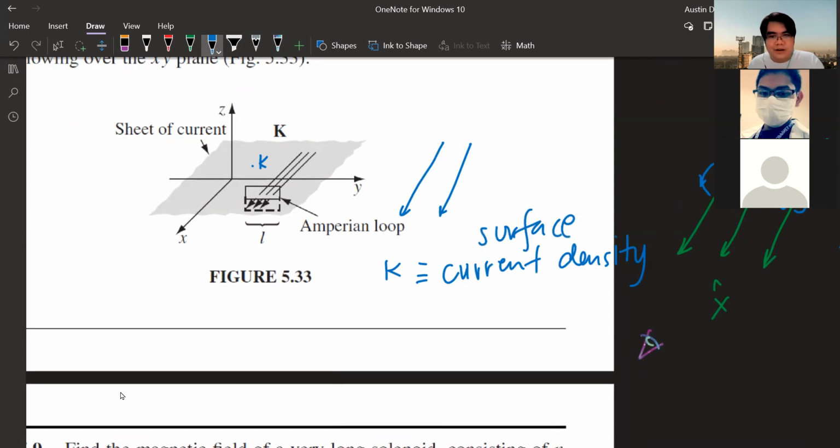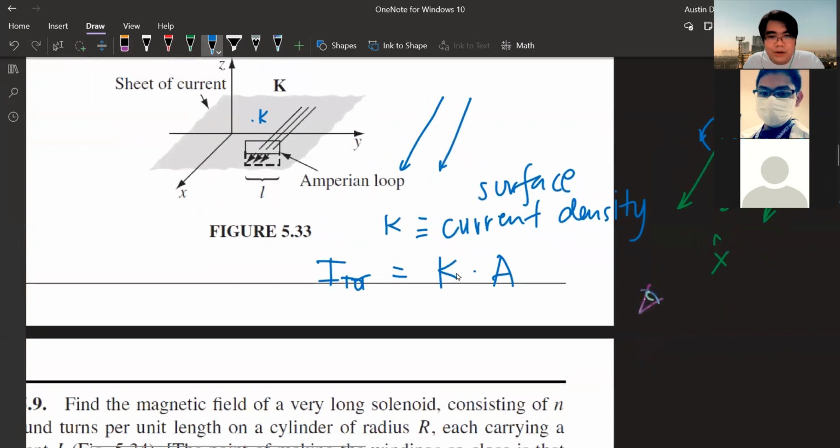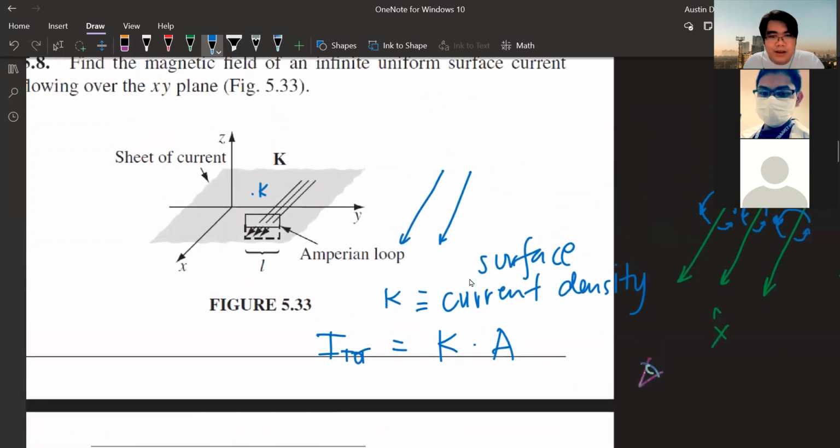Okay, now, ano ibig sabihin ng surface current density? So, the total current would be K times total area. Tama? Kasi si K ay surface density, so if minultiplyan mo siya ng surface area, that would give you the total current in an area.